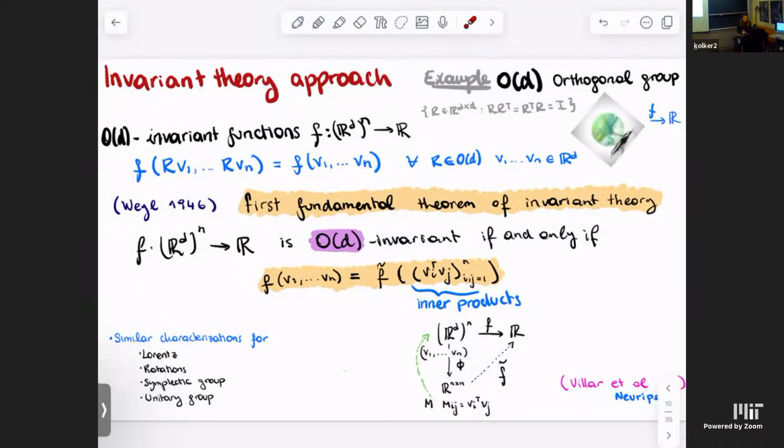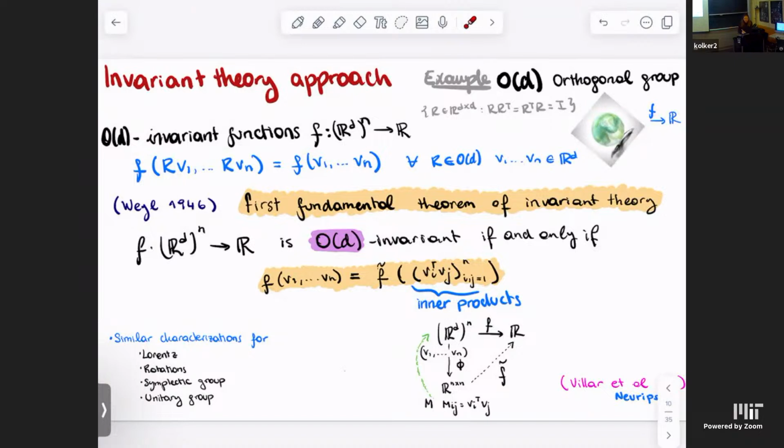So the idea is the following. Say that I have this point cloud over here. Every point has a position and a velocity, and I'm trying to predict the energy of this point cloud using machine learning. So how can I implement the functions that satisfy this symmetry?